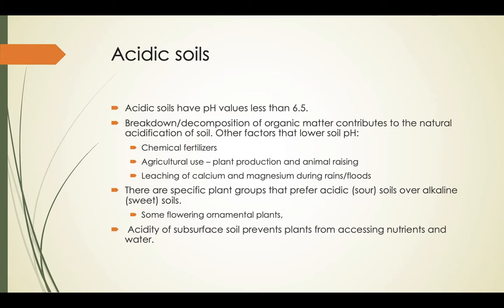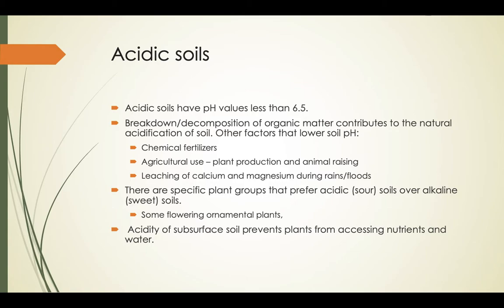Other factors aside from decomposition of organic matter that affect the lowering of soil pH include chemical fertilizers, such as ammonium-based fertilizers. They are actually major contributors to soil acidification. Ammonium nitrogen is readily converted to nitrate and hydrogen ions once they are present in the soil. If nitrate is not taken up by the plants, that's a problem.